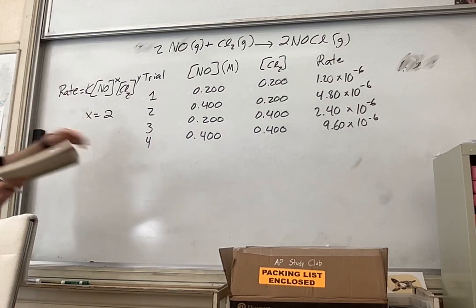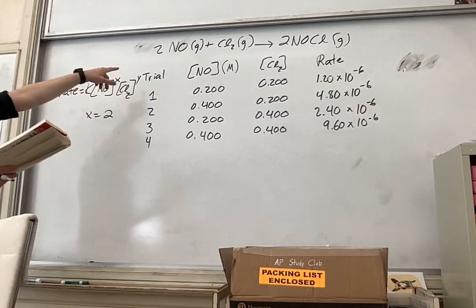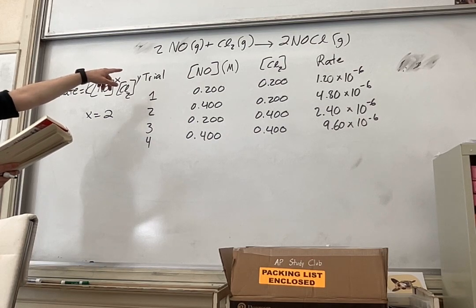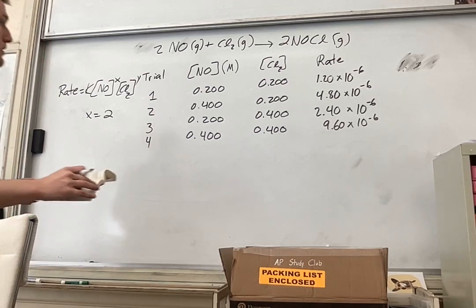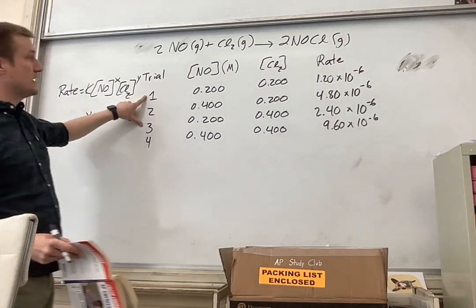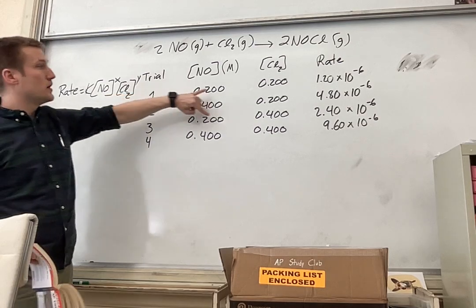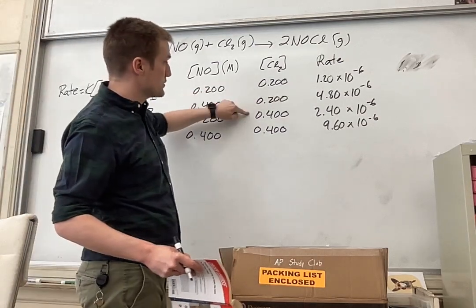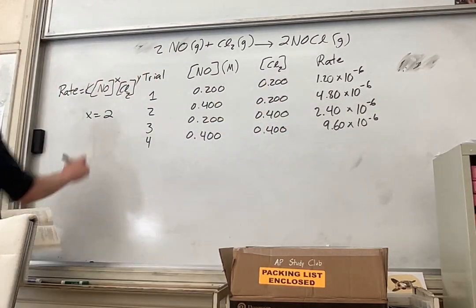Okay, and then you can do the same for Y. If you know the trial, if you know X, you can figure out what Y has to be. If you look at, for example, trial 1 and 3 here, the concentration of NO is the same, the concentration of Cl2 doubles, and look, the rate doubles. So that's a linear relationship.